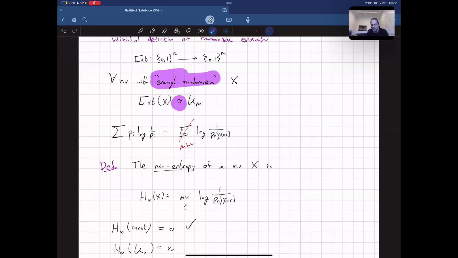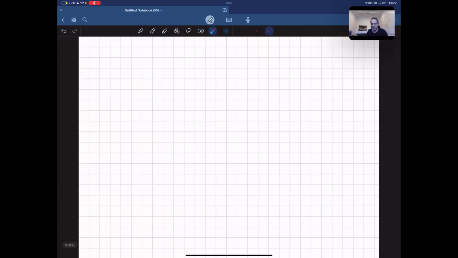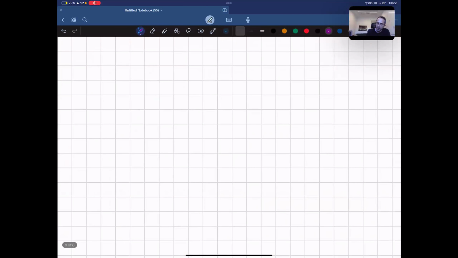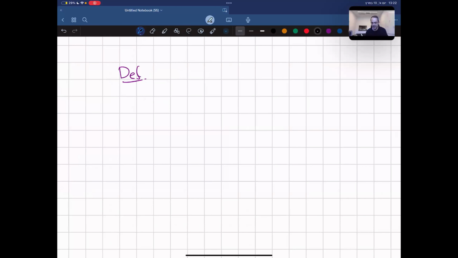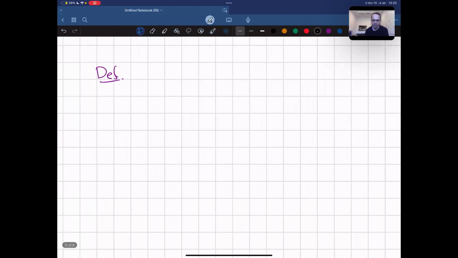What about this exactness or closeness to uniform? So we are going to define another important notion, statistical distance. Maybe you've seen it already.